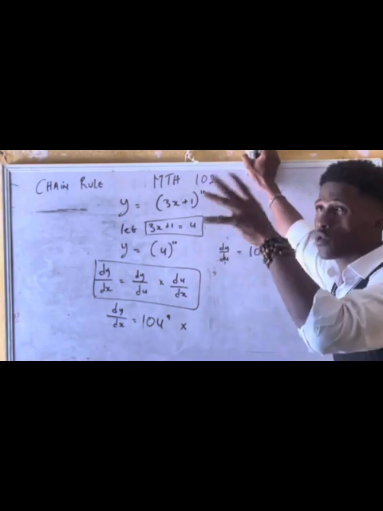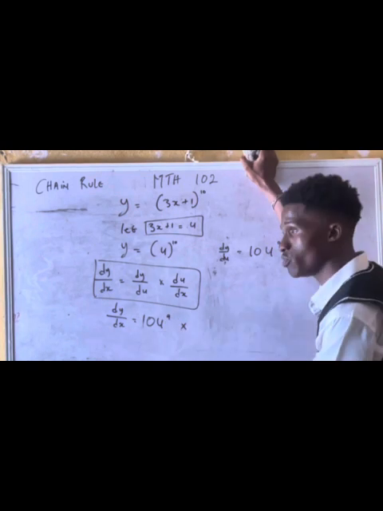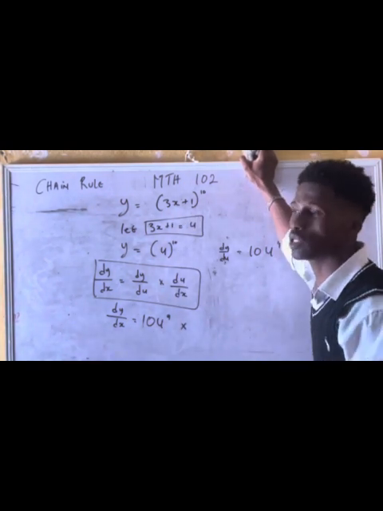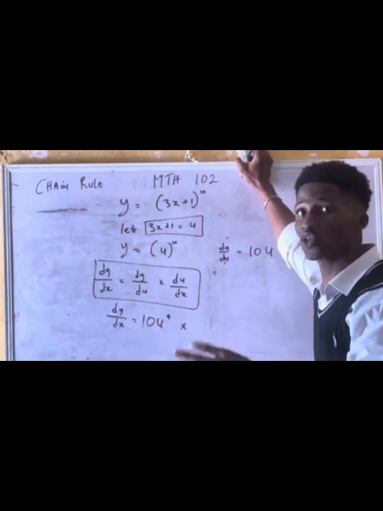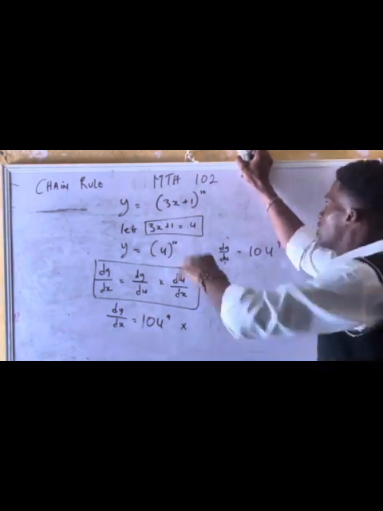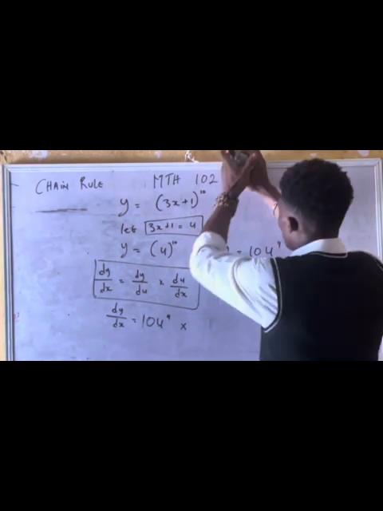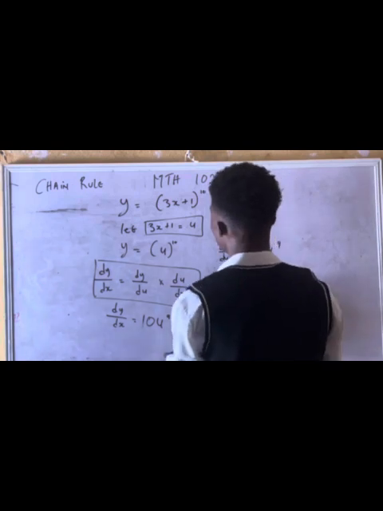If you differentiate x squared, you get 2x. If you differentiate 2x, the x will be out. You'll be having 2. If you differentiate 3x, the x will be out. You'll be having just 3. If you differentiate 10x, the x is out. You'll be having just 10. Simple. So if you differentiate 3x, just 3 will be left.